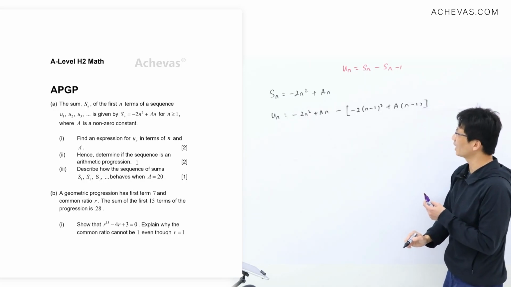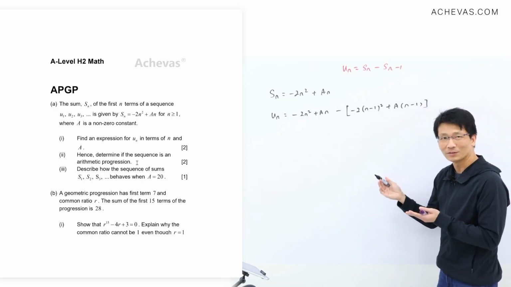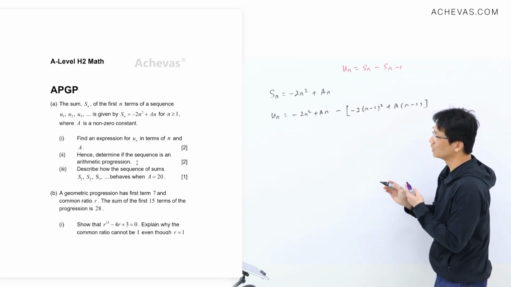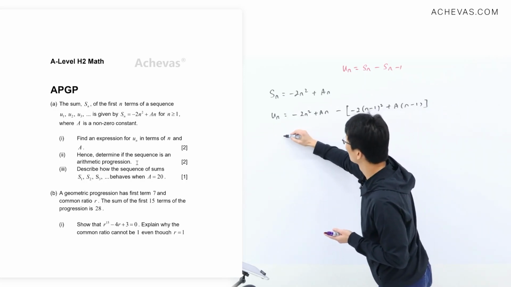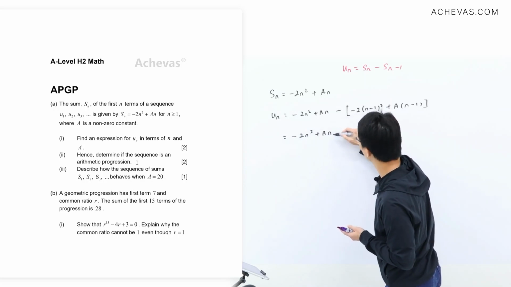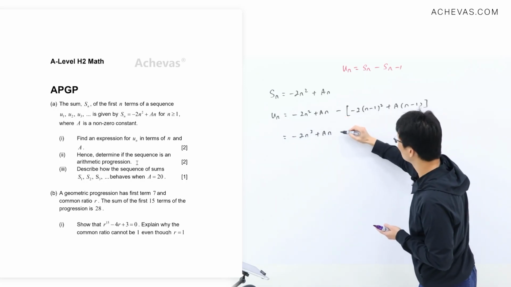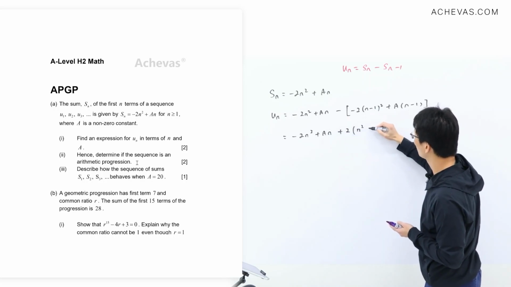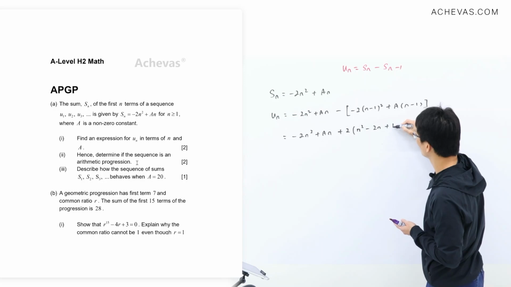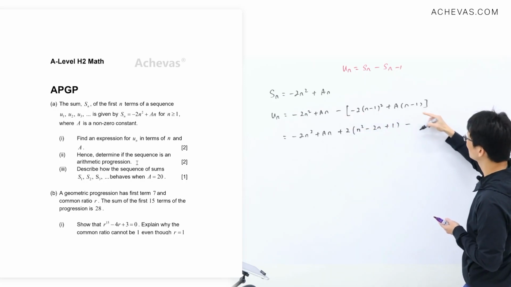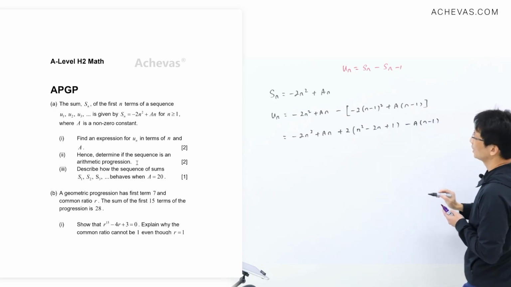All that is left to do is to expand this expression and simplify it, and we will be able to get our un. So let's do it now. Minus 2n squared plus an. Multiply this minus in first, so plus 2. This one we can expand the square, n minus 1 squared is n squared minus 2n plus 1. Multiplying this minus in, I get a minus. This I'll leave first.